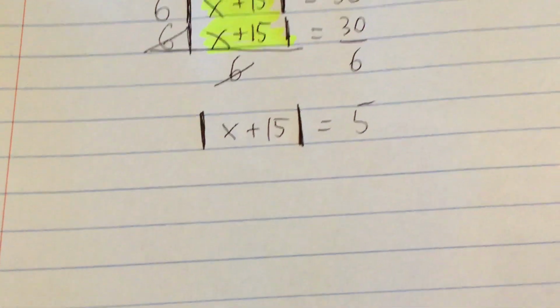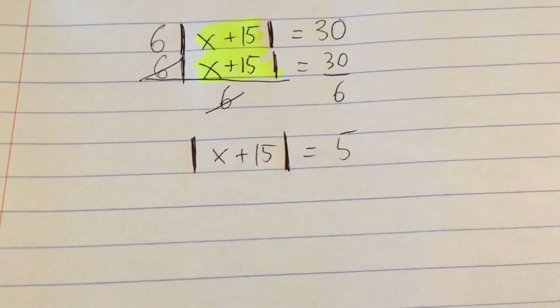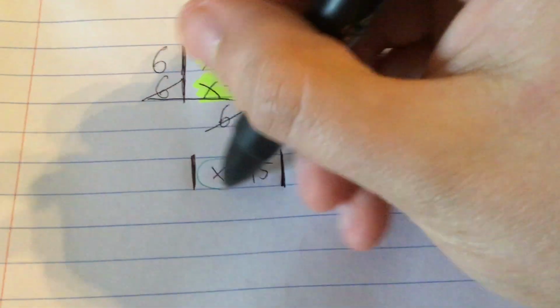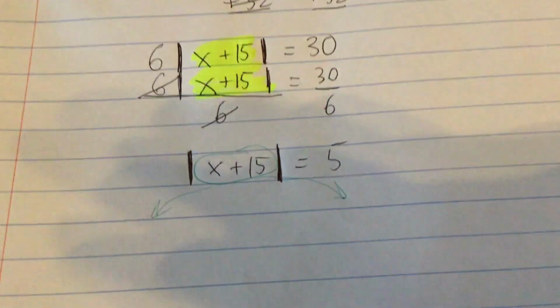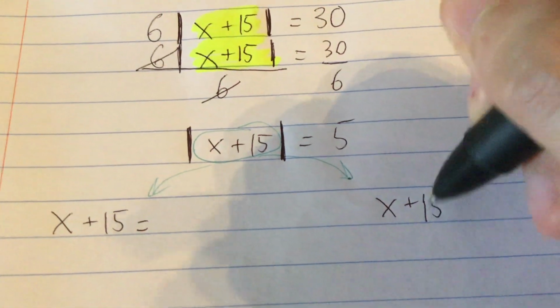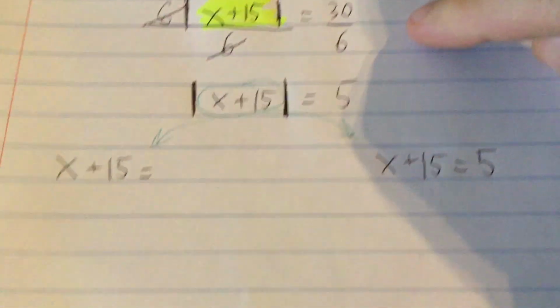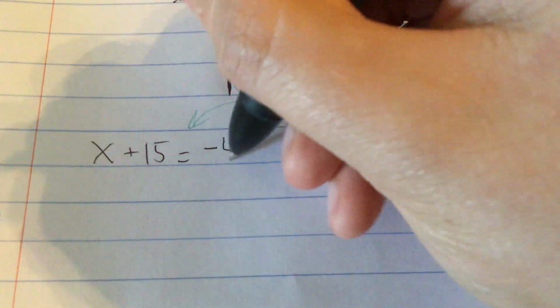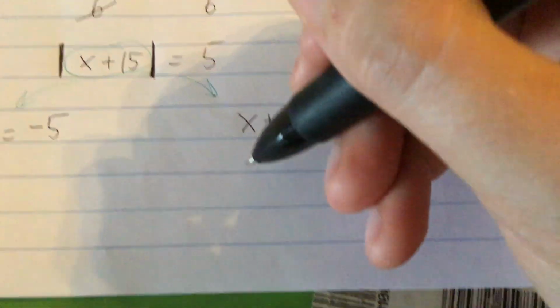Is this problem solvable? Yes. So I'm going to take that and split it up into 2 cases. X plus 15 can be broken up into a distance going forwards 5 feet or a distance going backwards 5 feet. Let's solve for x.